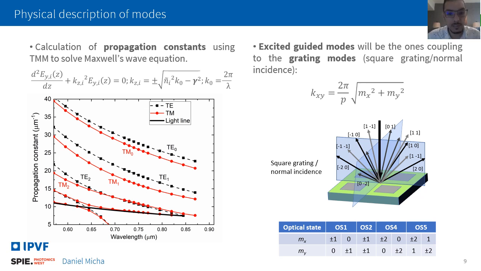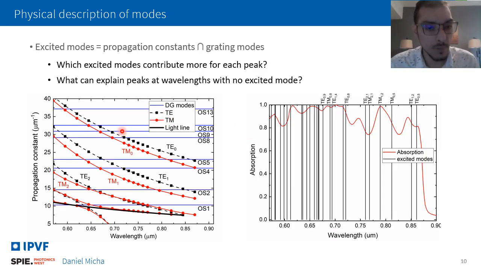Now we need to combine these two pieces of information to understand which modes are being excited by our grating, and we did that by plotting this new graph with the superimposed horizontal lines representing the diffraction grating modes, the optical states. Whenever there is a matching between the diffraction grating modes and the propagation constants, we will have an excited guided mode. It means that that mode is excited by the grating and can be sustained in this structure.